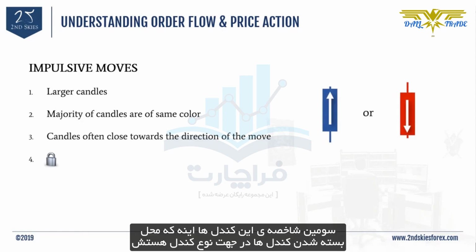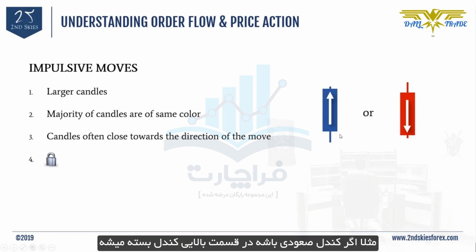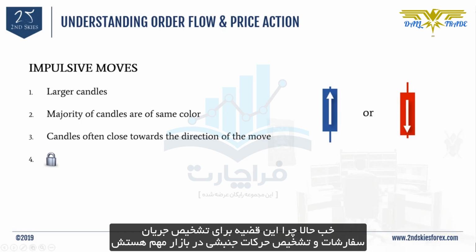The third characteristic of impulsive moves is that the closes of these candles tend to be towards the direction of the move. So if they're bullish, they tend to close towards the top, and if they're bearish, they tend to close at the bottom. Why is this an important characteristic to define the price action order flow in an impulsive move?